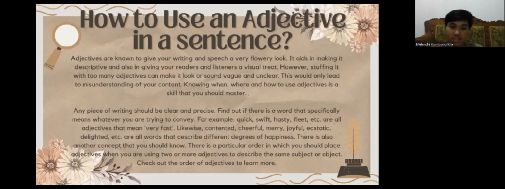There is also another concept that you should know. There is a particular order in which you should place adjectives when you are using two or more adjectives to describe the same subject or object. Check out the order of adjectives to learn more. Next slide.